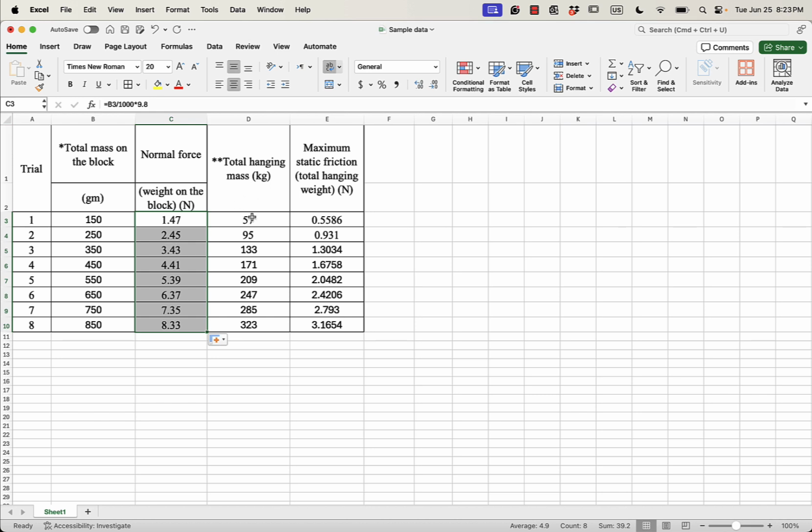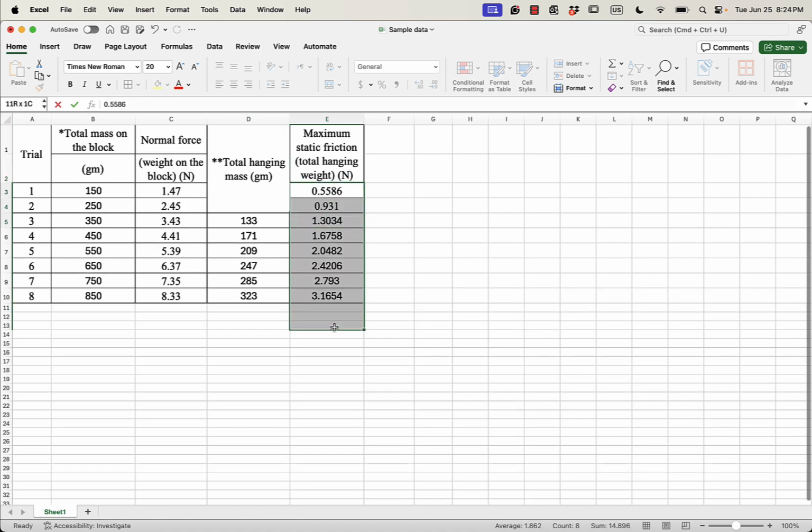And then this is the hanging mass, that is just enough to move the block with these masses. This is in gram, so you will convert this to kilogram and multiply by 9.8. That will give you the weight of the hanging mass, which is also the maximum static friction.